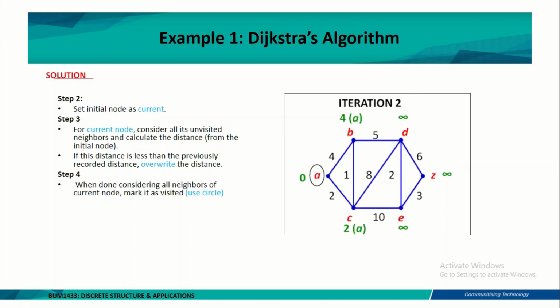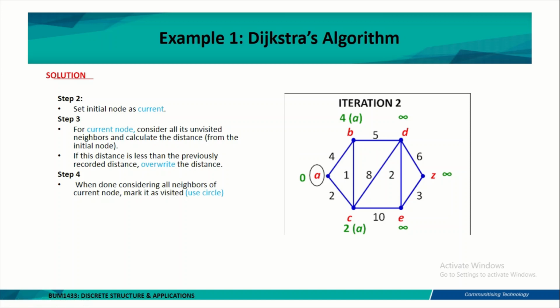So we have 4A here, and for C we have 2A, which means 4 from A and 2 from A. Next, when we are done considering all the distances, we mark the current node with a circle, as a mark that A is visited.